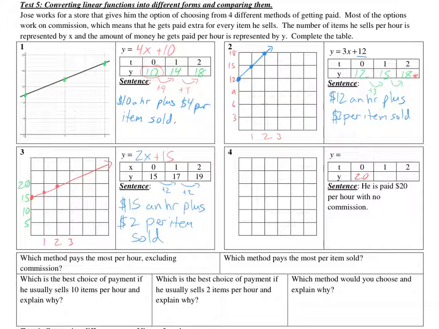Okay, if Jose sold 1 item, how much would he get paid that hour? 20 bucks. He has no commission. So no matter what, is he getting $20? No matter how many items, does he stay at 20 bucks an hour? Do you catch that? No matter how many items Jose sells, he gets 0 extra. But he got a good payment per hour.